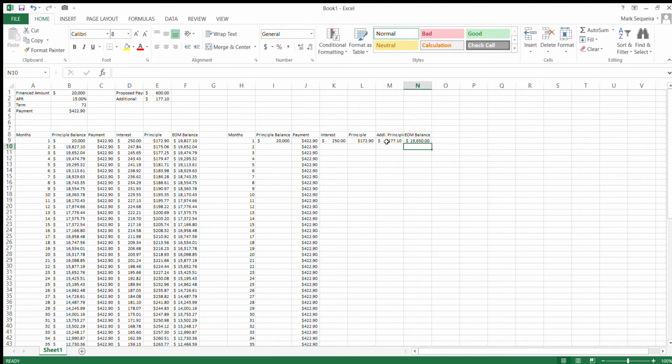Now, if we do a comparison, you have $19,650 at the end of the first month versus $19,827 at the end of the first month. So you've actually reduced your principal balance much more than you normally would by paying this extra amount.